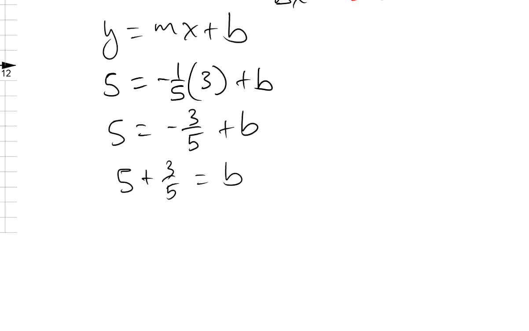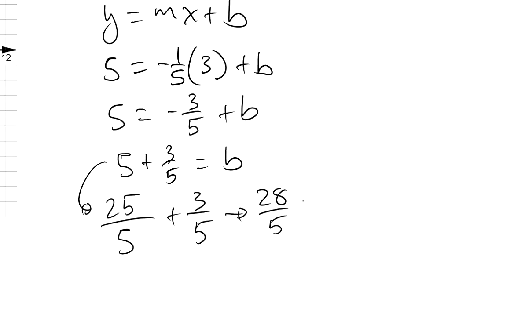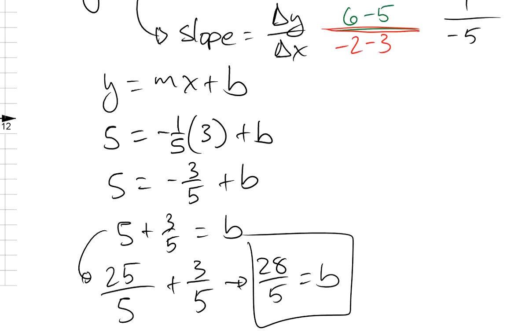So 5 plus 3/5 would be b. If I want to, I'll get a common denominator of 5, so I'll rewrite the number 5 as 25/5. Right, that's what 5 is equal to, and then plus 3/5. So now that I'm talking about fifths, I can combine those as 28/5, and that is what b is. So I know my slope and I know my y-intercept.